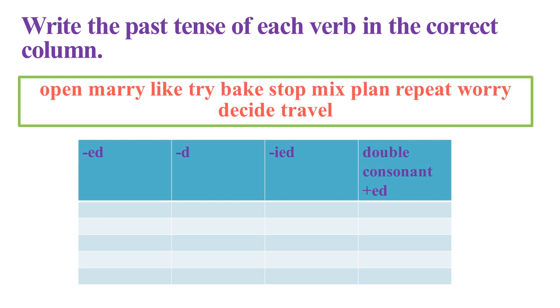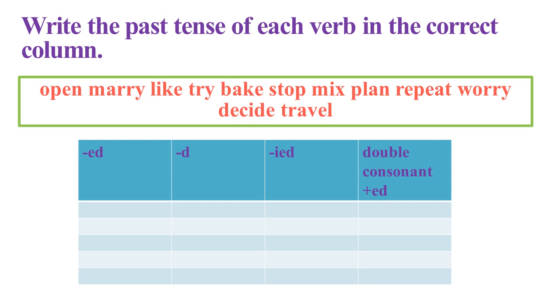So in the first column we see ed ending. So here, guys, you need to locate the verbs that are quite simple with just ed ending. In the second column, you should locate the verbs with just d ending. These are the verbs that are finishing in e in the form of the infinitive.